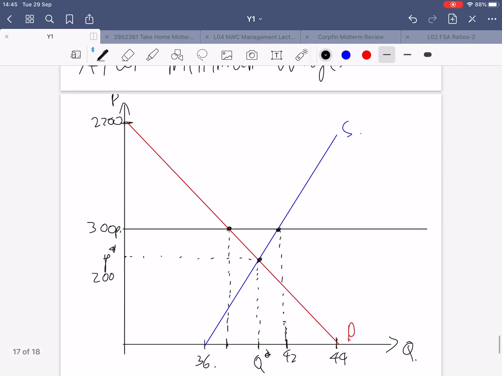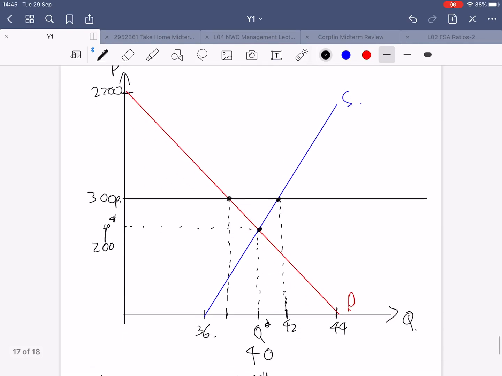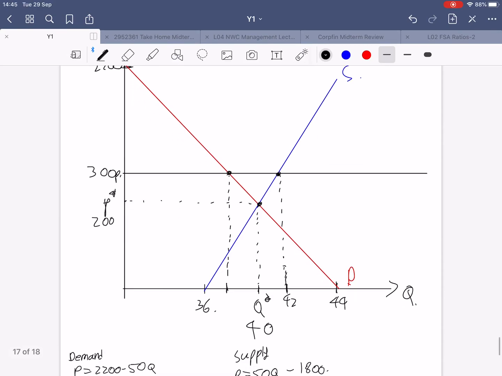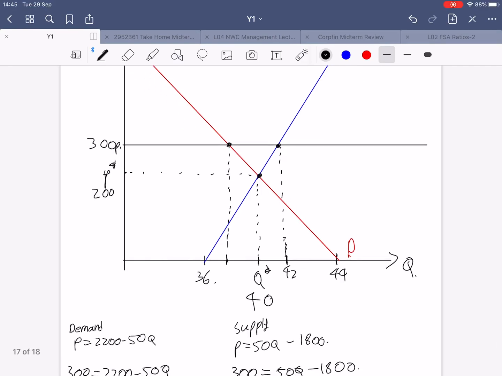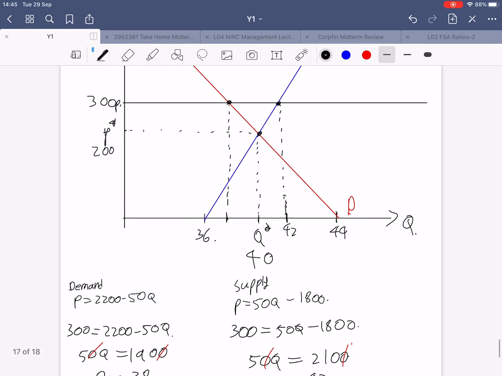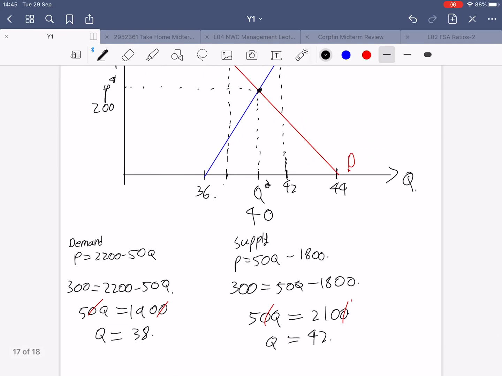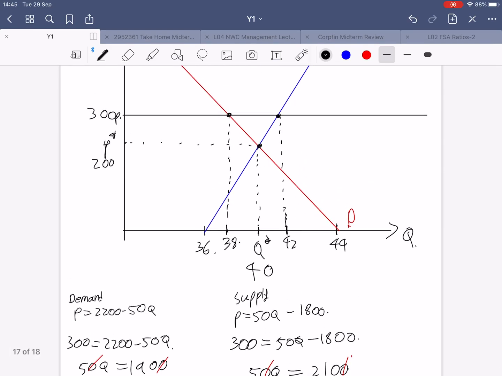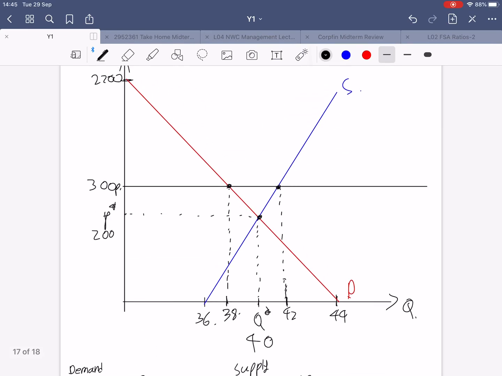But as the wage has increased, for the firms the cost of production has increased, so they will want less labor, so they want 38 laborers. Okay, so there is excess supply, and there will be unemployment due to excess supply of labor.